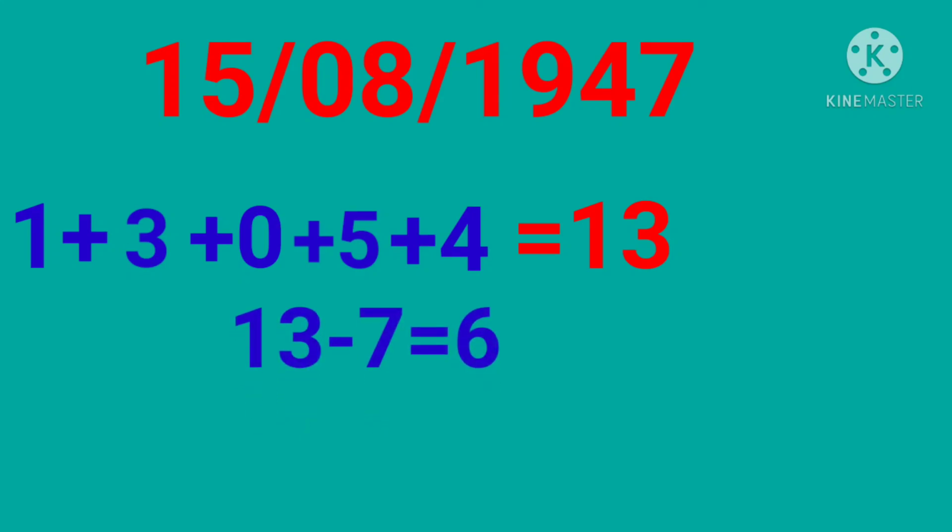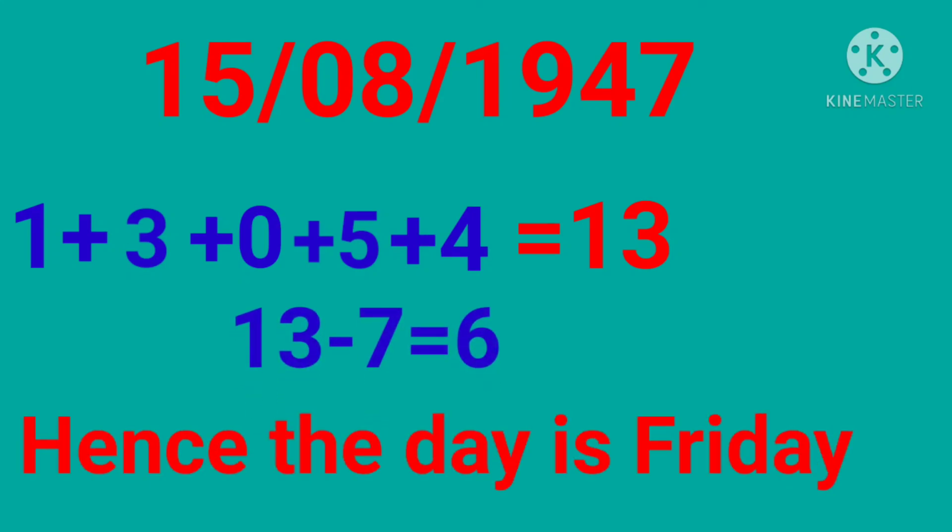And 47 minus 42 becomes 5, and plus 47 divided by 4, the quotient is 11, and 11 minus 7 is 4. So adding 1 plus 3 plus 0 plus 5 plus 4 becomes 13, and 13 minus 7 is 6, and hence the day is Friday.